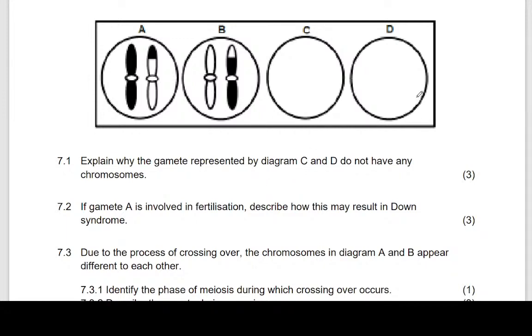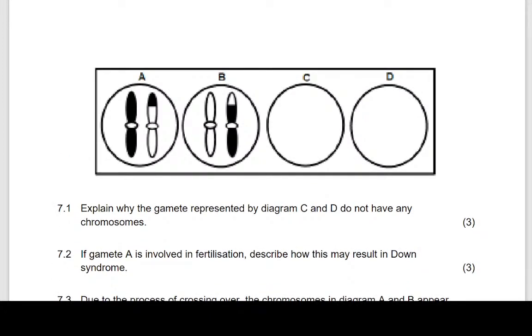If it was anaphase 2, only one would have been without chromosomes. This one would have been with 1, and another one with 1, then 2. But now it happened in anaphase 1.